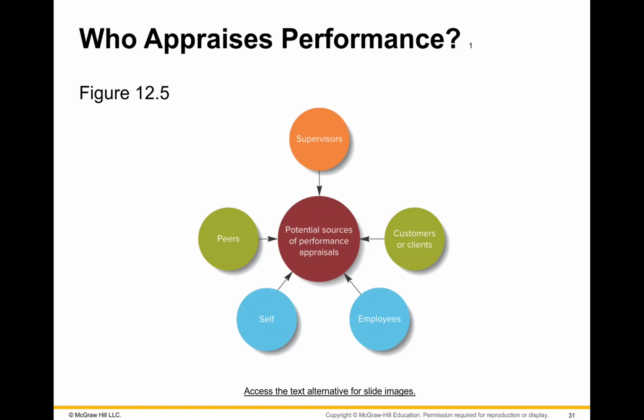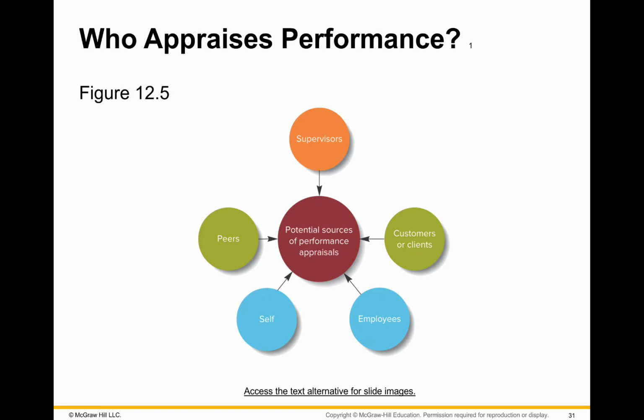If you work in groups or teams, you can use peer appraisals. Sometimes the customer can provide appraisals to employees, like you assess my teaching methods, the way of my teaching and learning. That is customer appraisal.